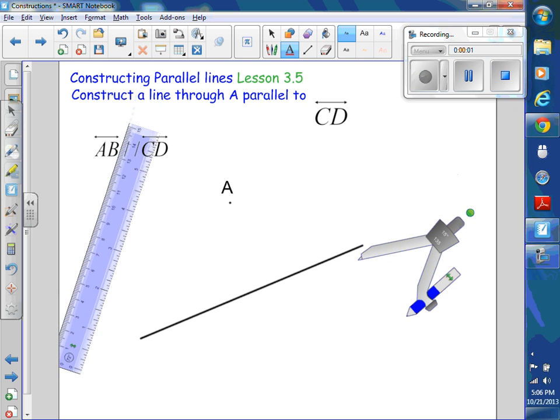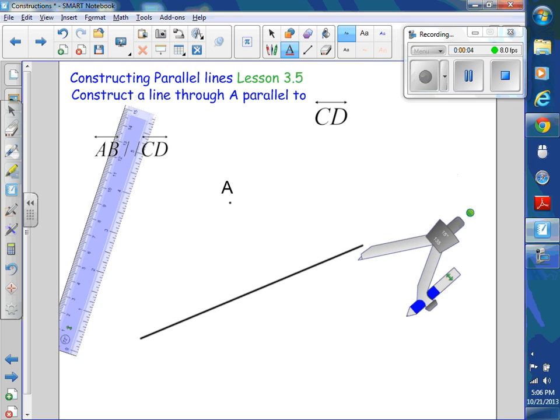This next construction is constructing a parallel line through a point to a certain line. So we're going to make a line through A parallel to this line below us, or segment, and we'll call this segment CD.